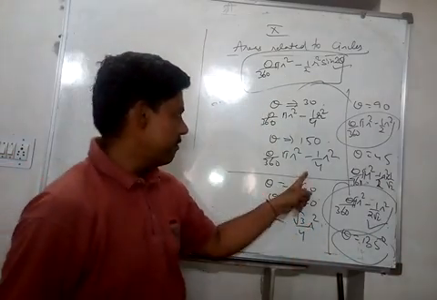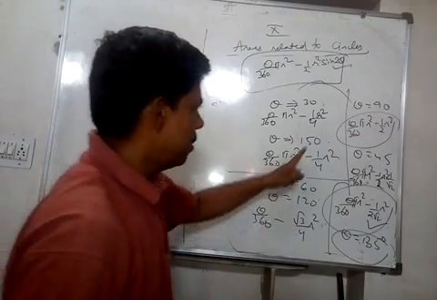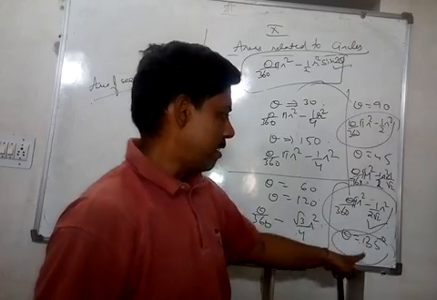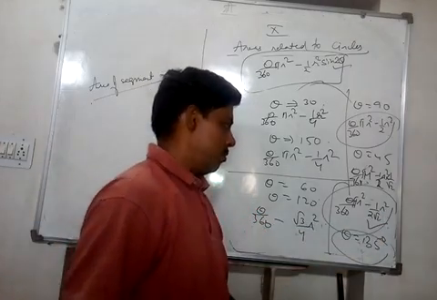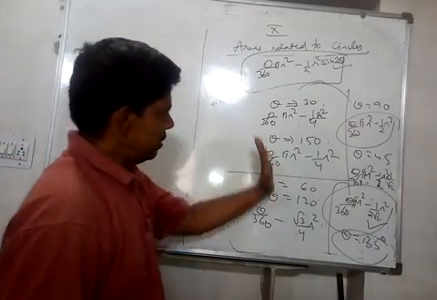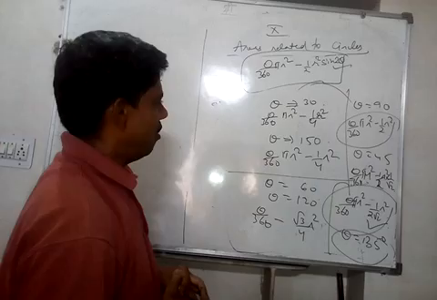So 30 and 150, this 1 by 4; 60 and 120, root 3 by 4; 90, half r square; 45, 1 upon 2 root 2; and 135 also 1 upon 2 root 2, right? So these are some of the values or the formulas for finding area of segment.